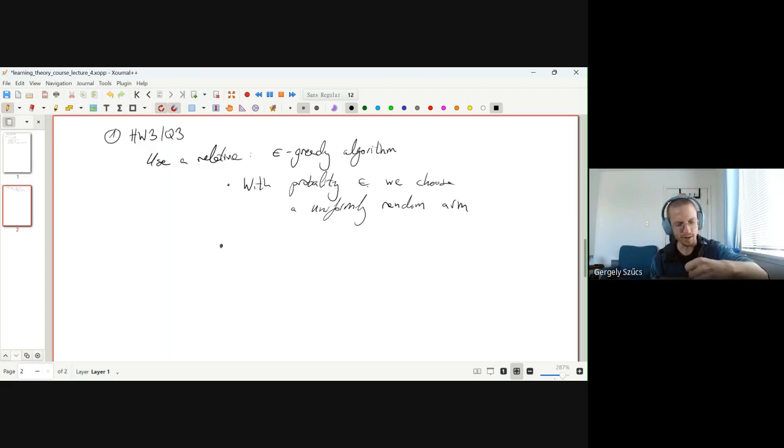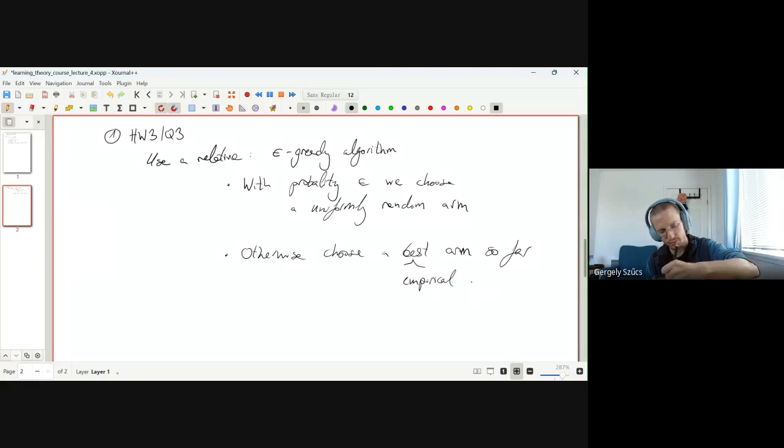If it came out tails, so there's the remaining 1 minus epsilon case, otherwise, choose the best arm so far, based on the empirical average. Technically this should be called the 1 minus epsilon greedy algorithm, because with a small probability we're not greedy, and with a high probability we're greedy.